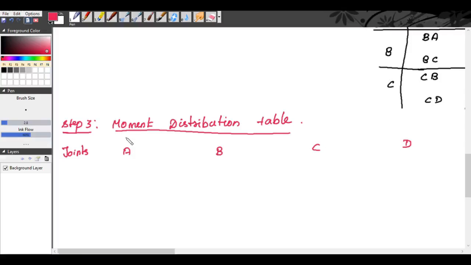So at A, see everywhere it is fixed, right? D is fixed, A is fixed, B and C are intermediate supports, and our members are AB.